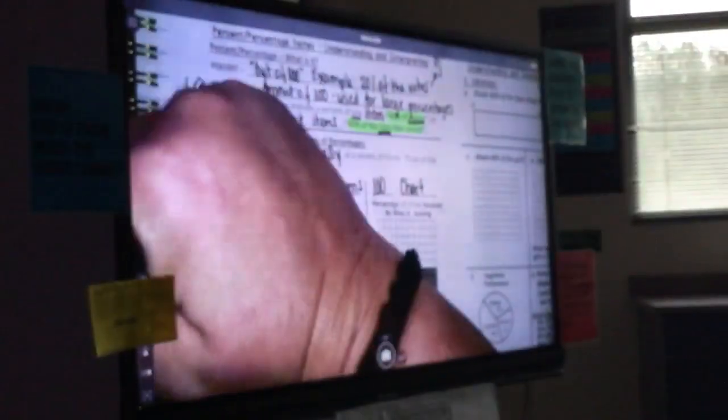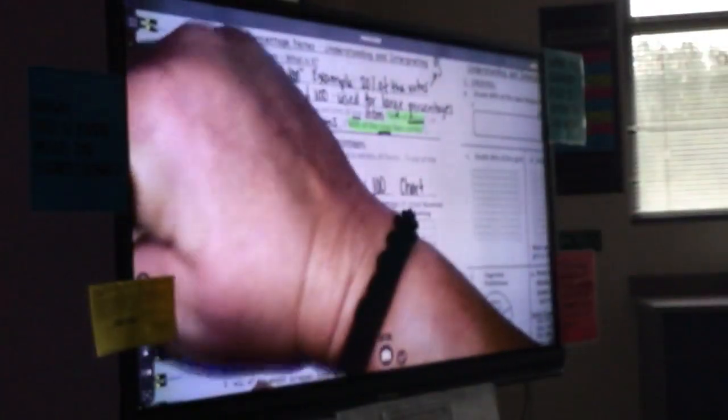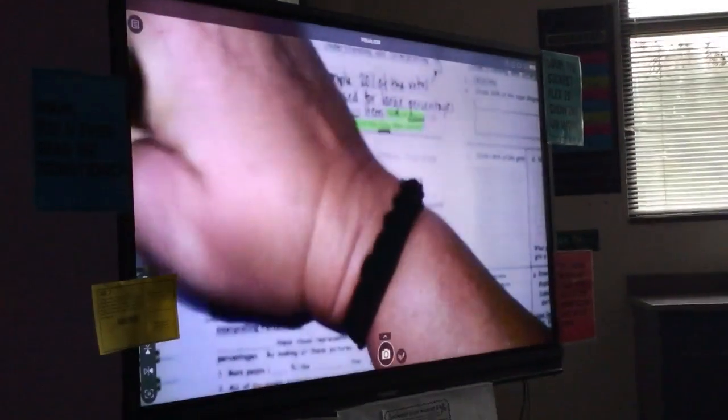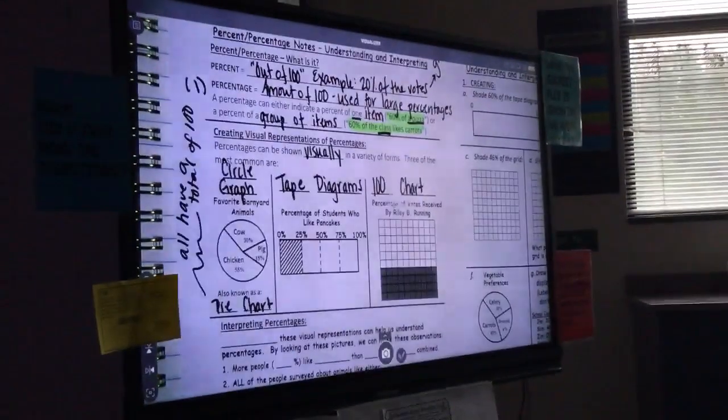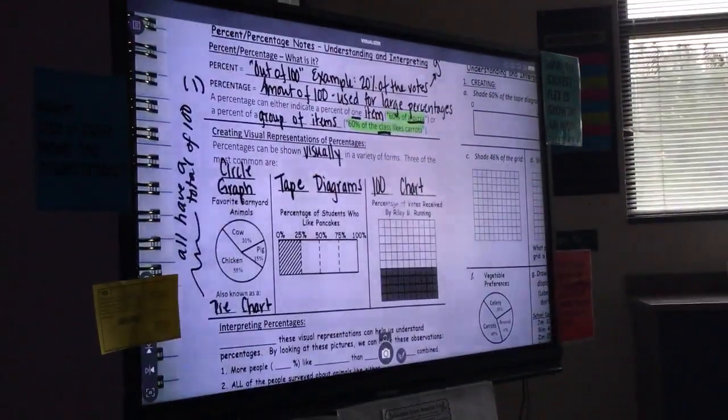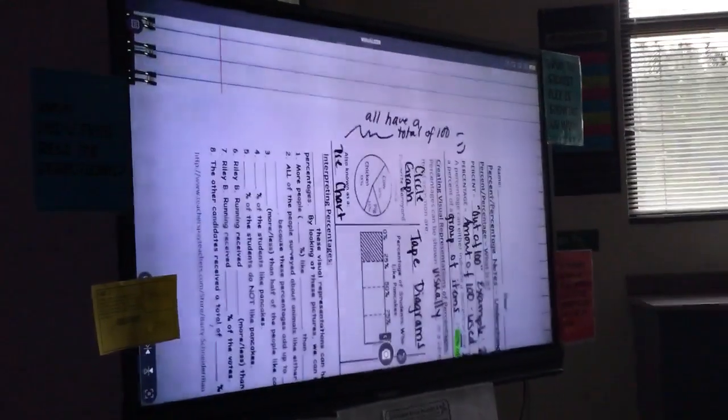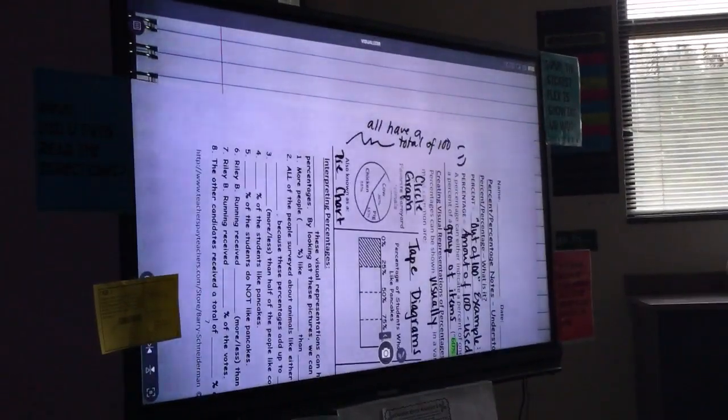So no matter what you use, they all have a total of 100, which means all of your percents are going to be, I'll turn it sideways so you can read it, all of your percents are going to be out of 100, okay? Thumbs up when you have that sideways part written down.